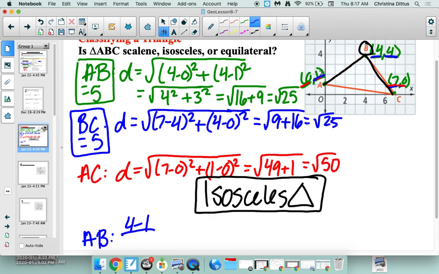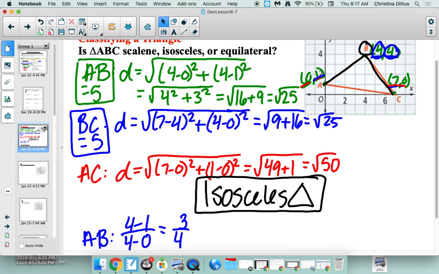So now that I put this 4 first, this 4 has to go first on the bottom. So I get 4 minus 0. On top I get 3, on bottom I get 4. So my slope of AB is 3/4.